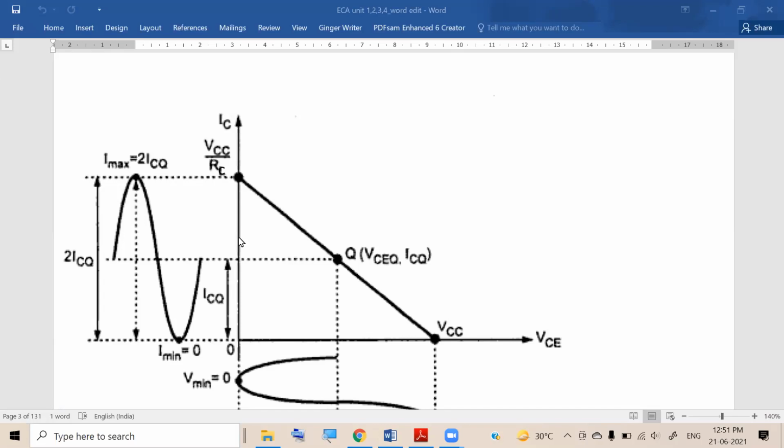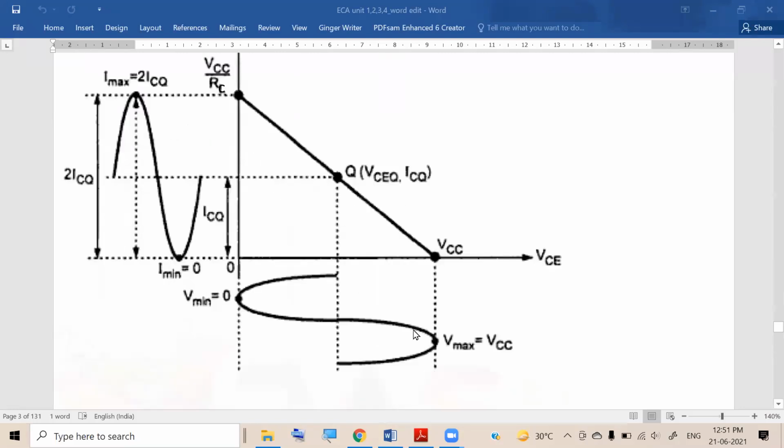Suppose the signal is non-zero, somewhat shifted higher, then what will we do? Please remember, you cannot directly take the maximum as the peak to peak value.